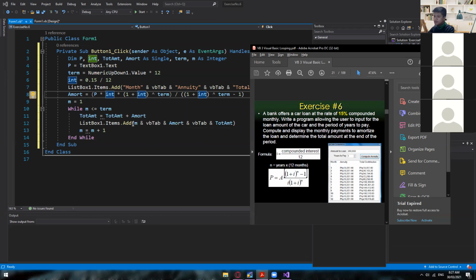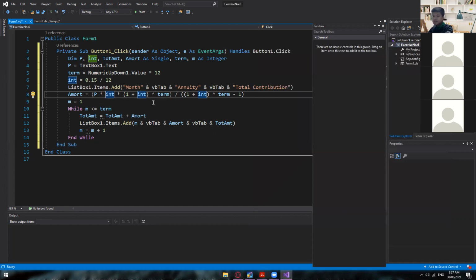I think we need more brackets. P times 1 plus int, interest. Okay, let me just include another bracket here for us to be able to see it clearly.